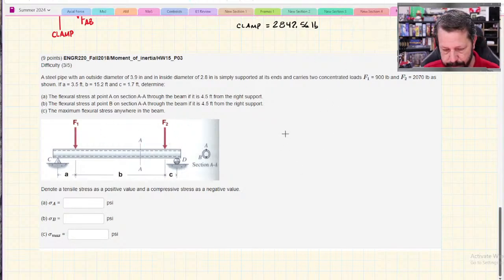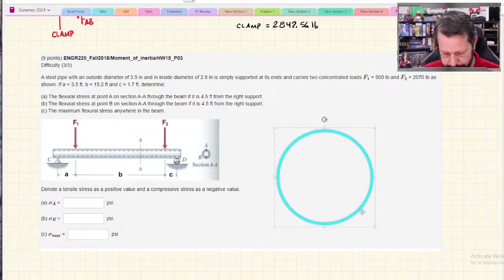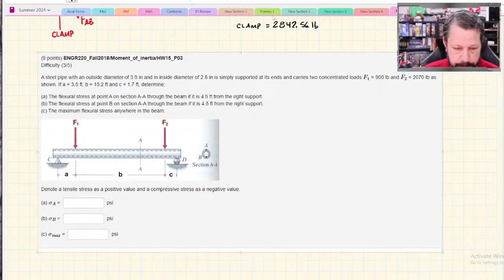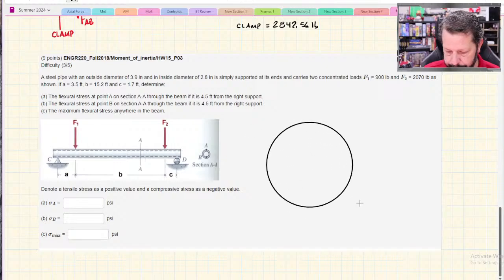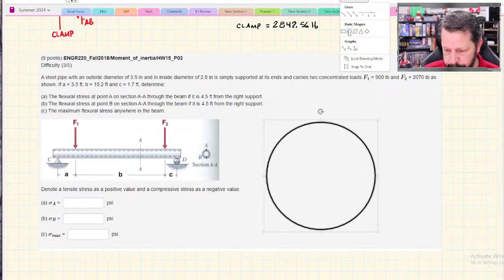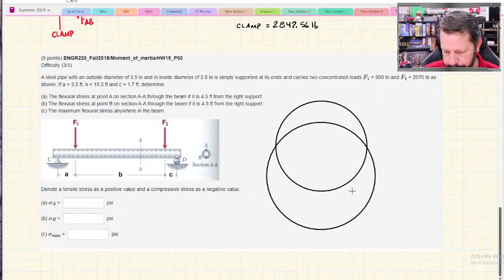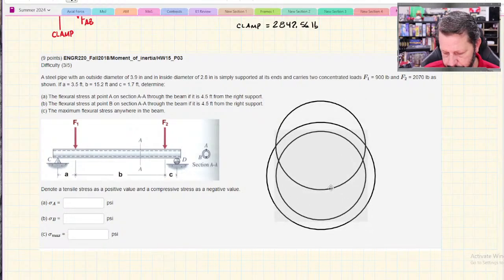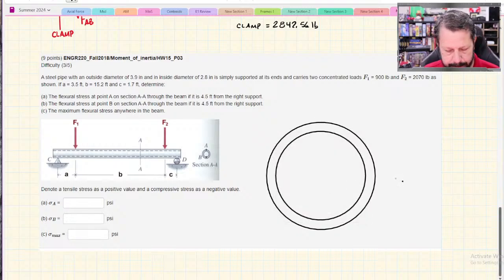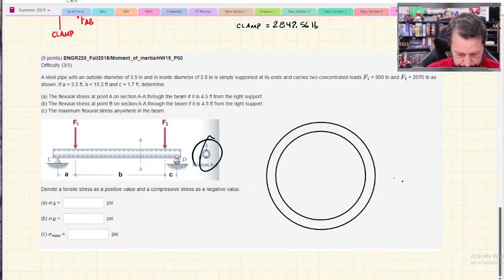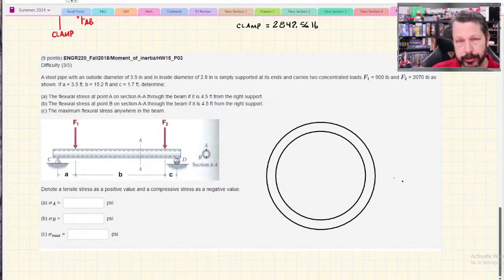So let's draw our cross section. Let's actually not draw it in blue though. I'm not going to get it perfectly lined up, so it'll be fine. I'm just enlarging this section that they have over here. So I've got 2 circles.